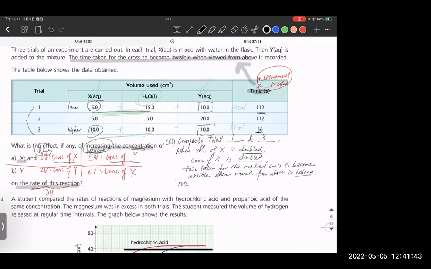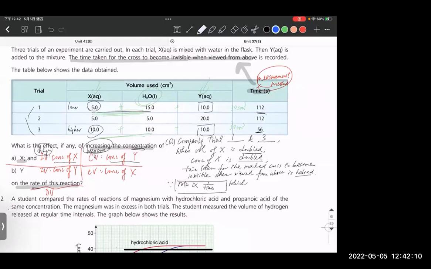Rate and time. What is the mathematical relationship between the two? As rate is, rate equals 1 over time. Yes. So what is that in English? We call it, they are in what relationship? I don't know. Negative relation.